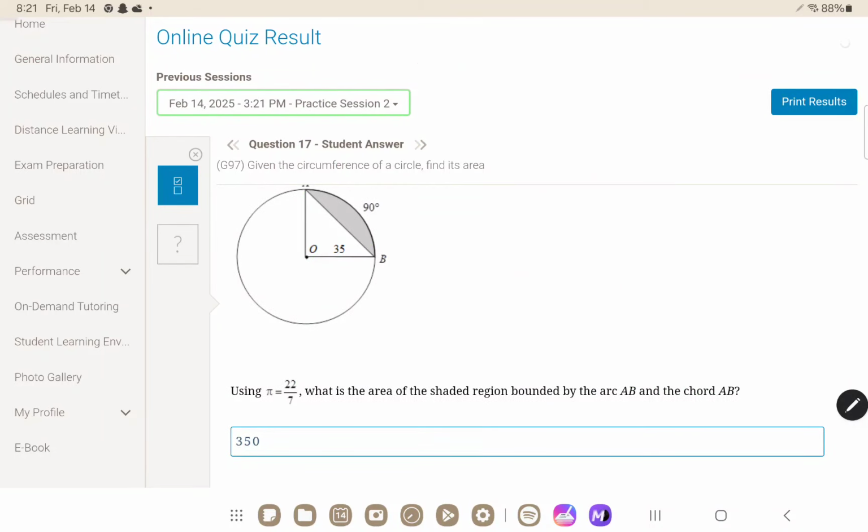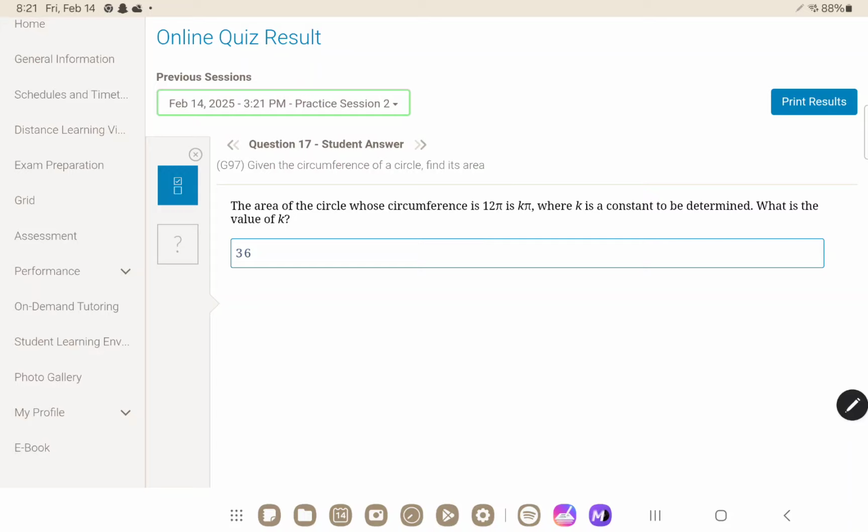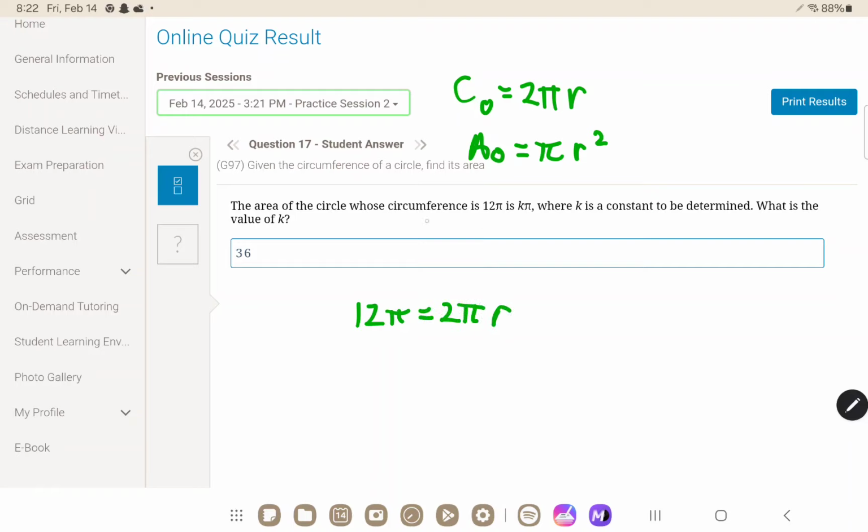There you go. Now for question 17, we know that the circumference of a circle is 2 pi r and the area is pi r squared. Now the area of the circle whose circumference is 12 pi, so 12 pi equals 2 pi r, is k pi.